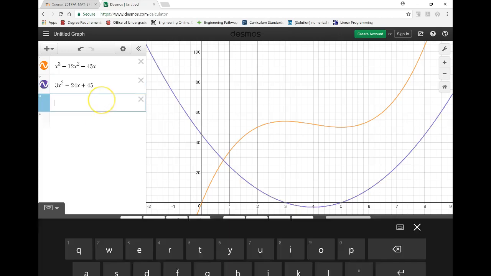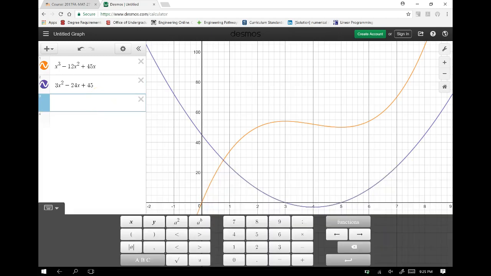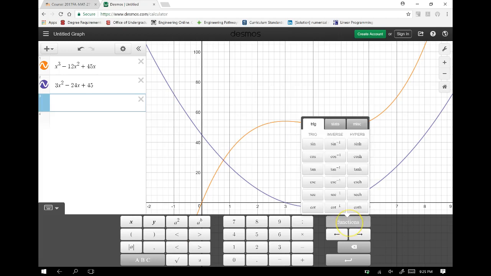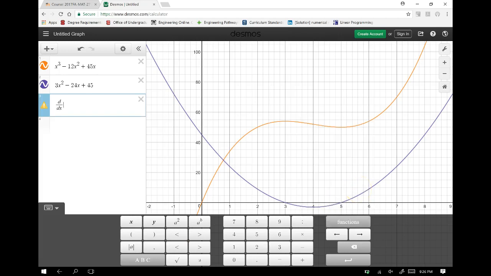Your other option is Desmos has a derivative graphing function. Under functions, you can go to miscellaneous, and there is a derivative operator there. It says d/dx. You can tell it to graph a derivative, and you don't have to find the derivative on your own.